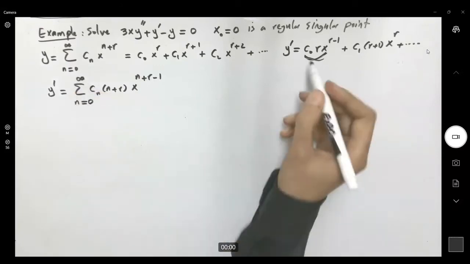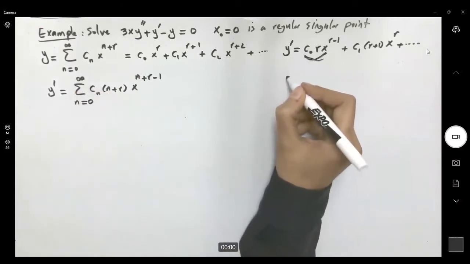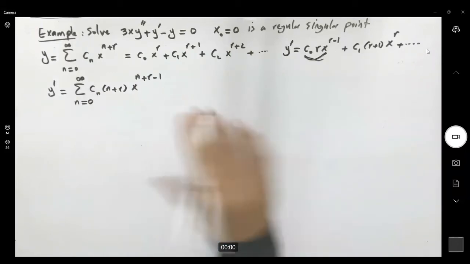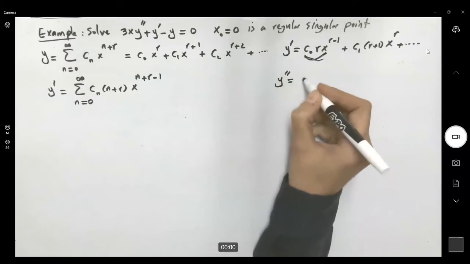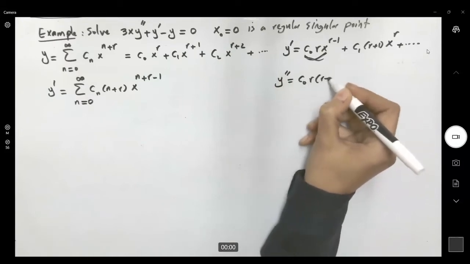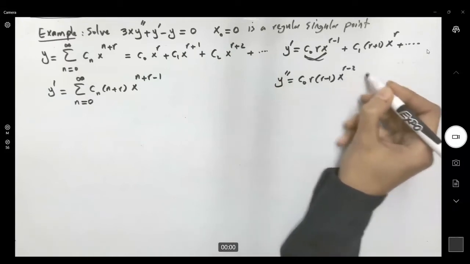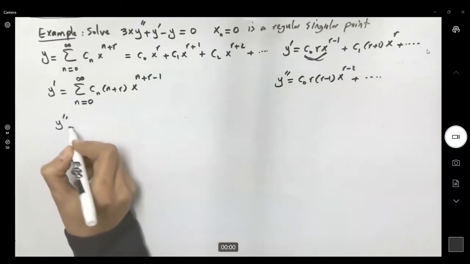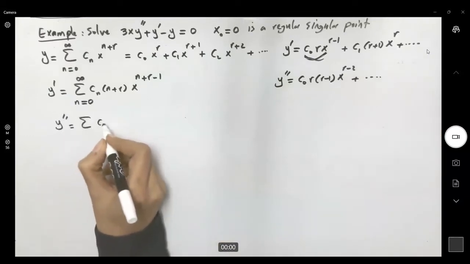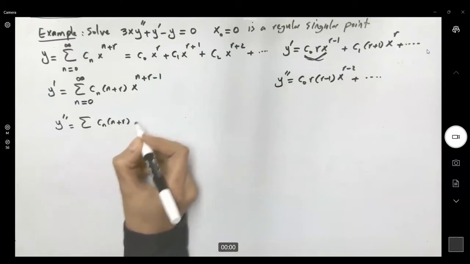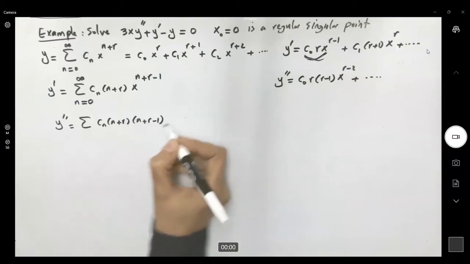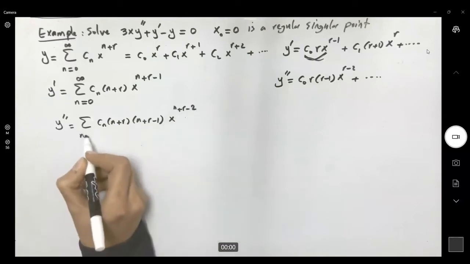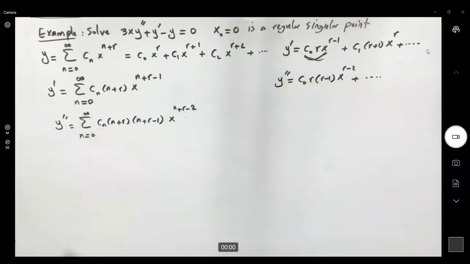With the same logic, if you take the second derivative, it becomes c sub 0 r (r minus 1) x to r minus 2 plus the rest of the terms. So the second derivative is equal to the sum Cn (n plus r)(n plus r minus 1) x to n plus r minus 2, and n starts at 0 to infinity.